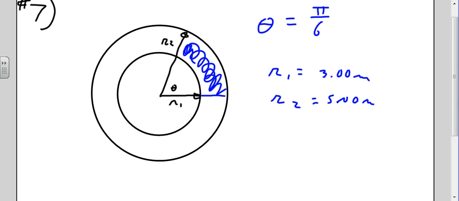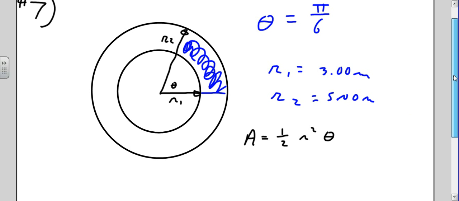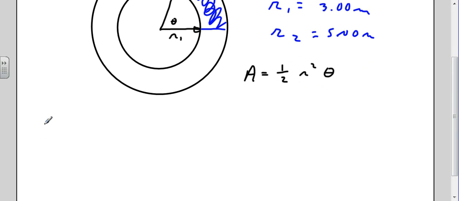All right, it's been a long time, but we remember that the area is 1/2 r squared theta. So that's what we're going to use. The area of the shaded portion is the area of theta with the big radius, minus the area of theta with just the little r.